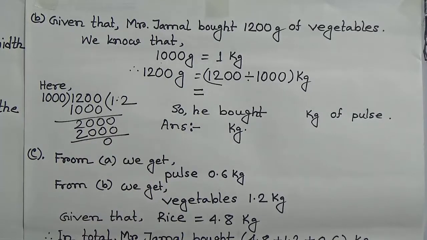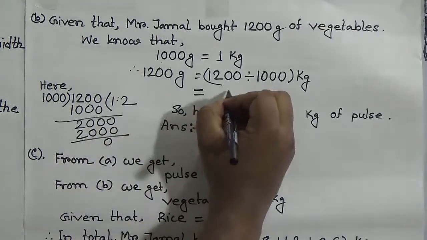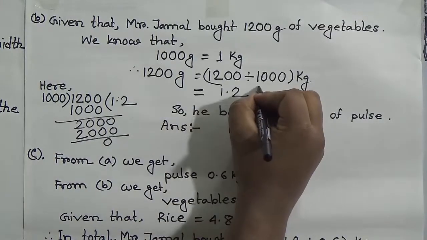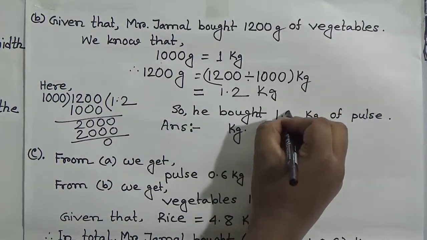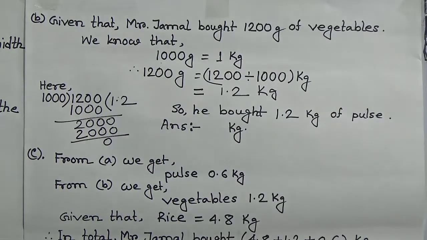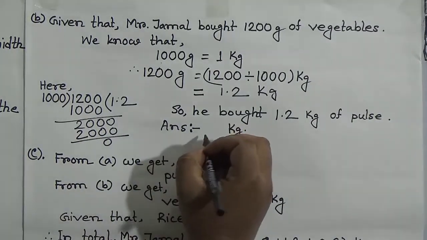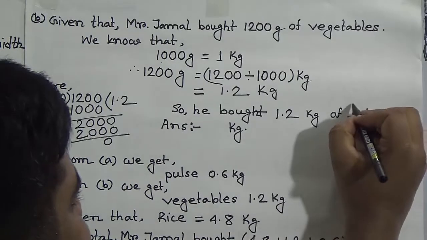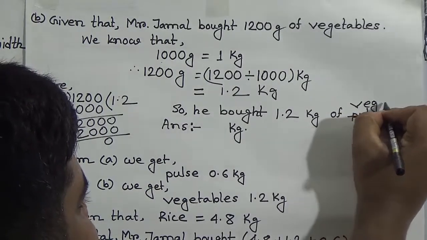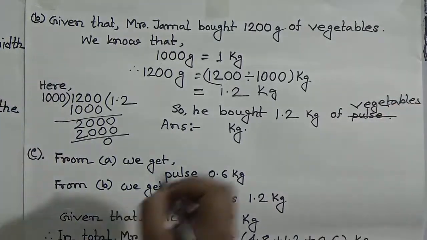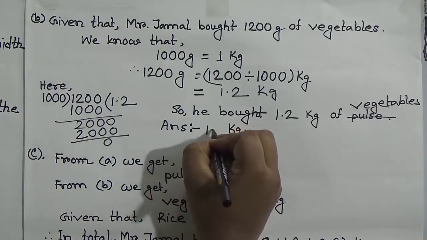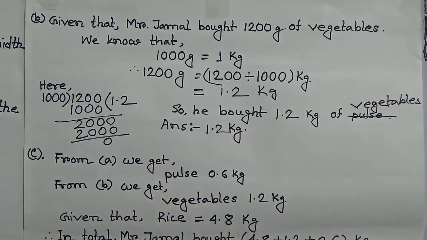If we subtract, then we get 0. So 1.2 kg. So he bought 1.2 kg of, sorry, not pulse, it will be vegetables. Okay, the answer is 1.2 kg.